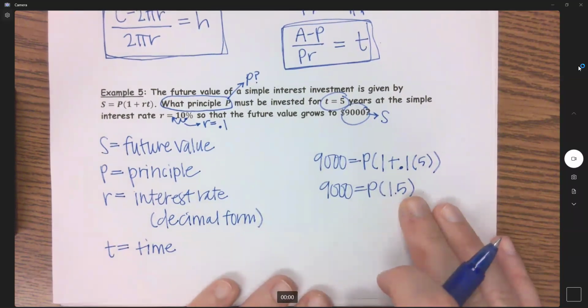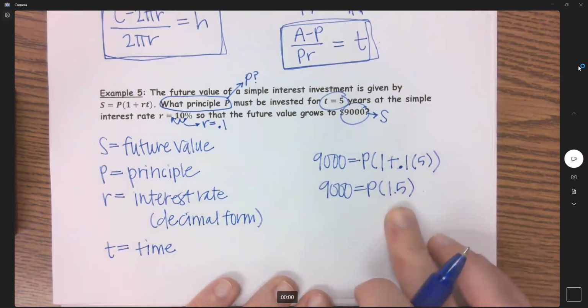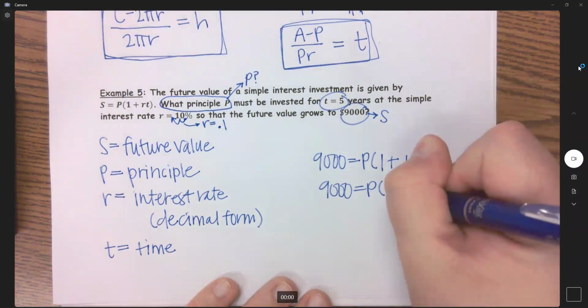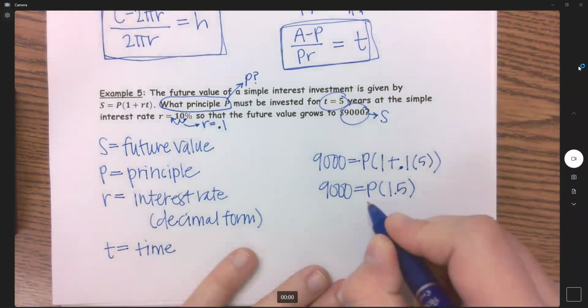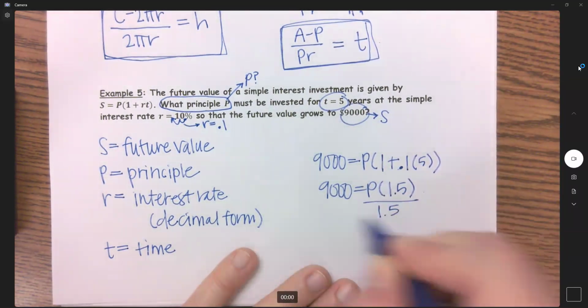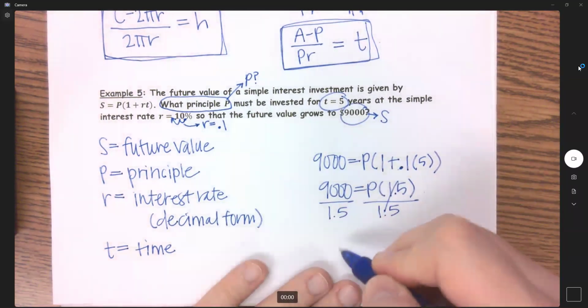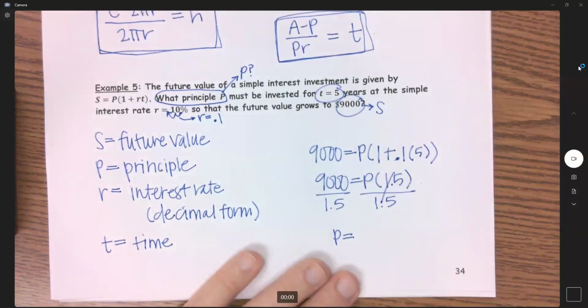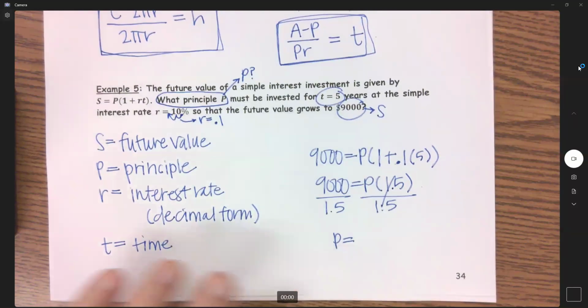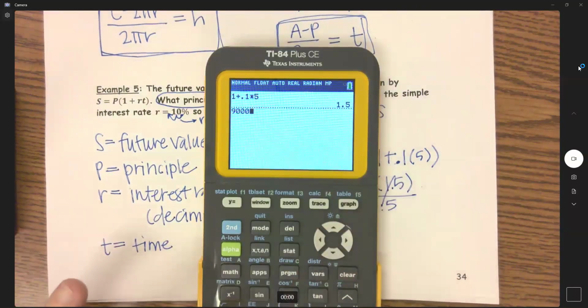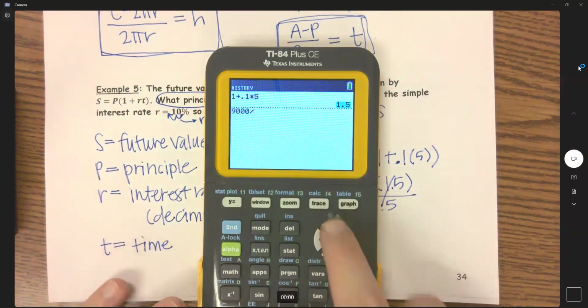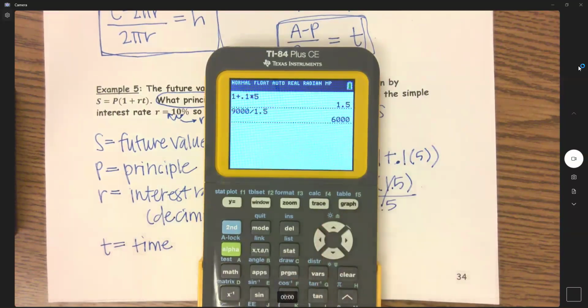And so now how do we solve for P? Well, this is just P times 1.5. So let's divide that over. And we get that P equals 6,000.